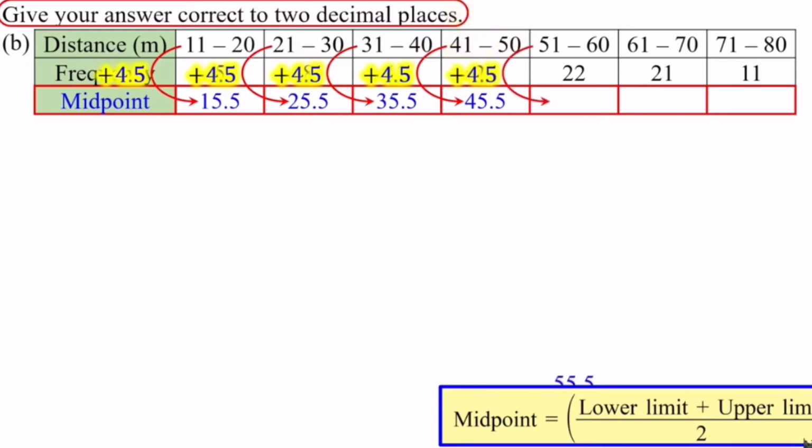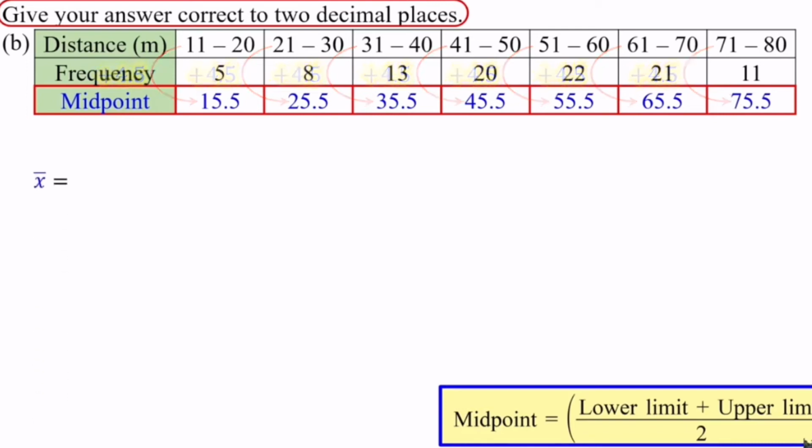I prefer to plus 10, 55.5. You can also do plus 4.5, up to you. So 55.5 plus 10, it will be 65.5. And the last midpoint will be 75.5. Plus 10 is easier than plus 4.5, right? So we have many alternative ways to do it. You can just plus the size of the class for every midpoint.